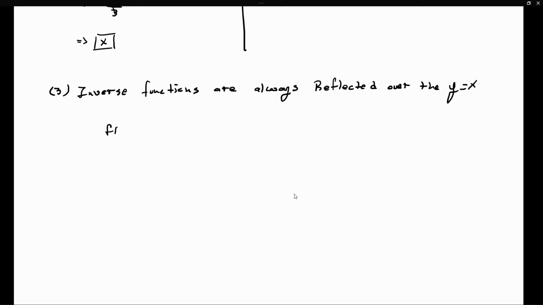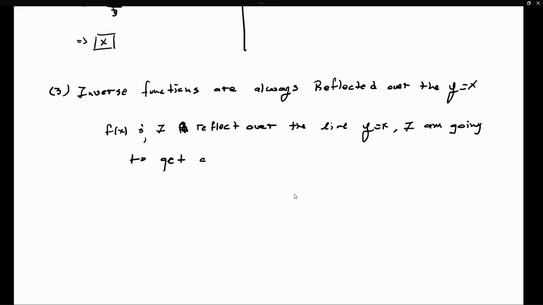If I get the function f of x and I reflect this function over the line y equals x, I am going to get the function g of x. And the other way around, if I get the function g of x and I reflect it over the line y equals x, I am going to get the function f of x.